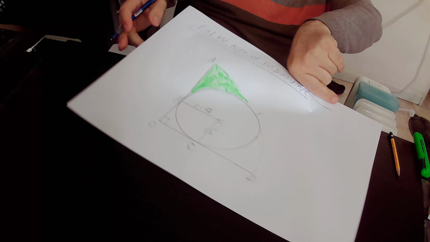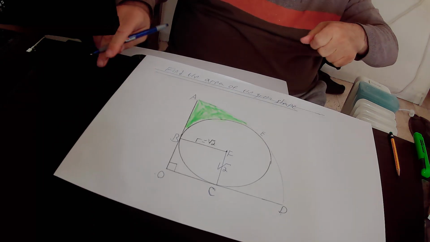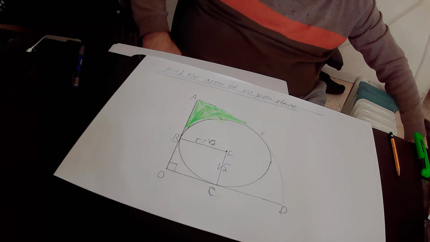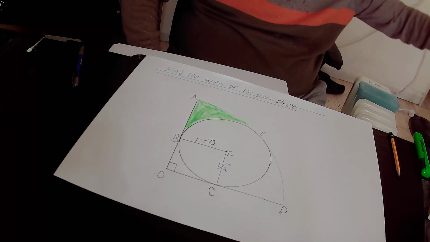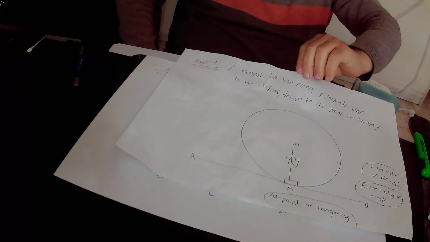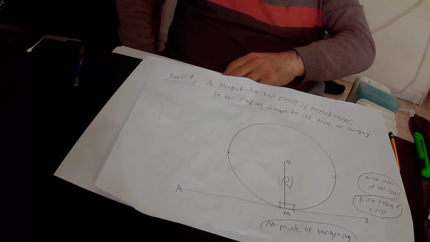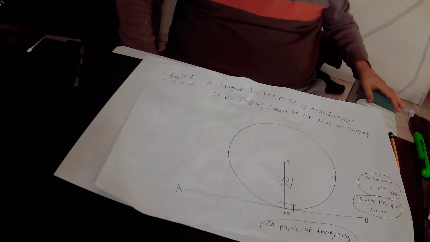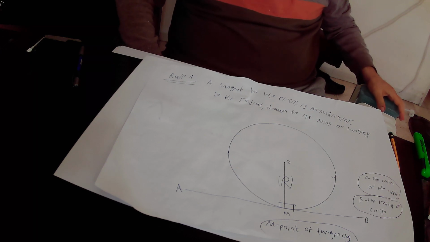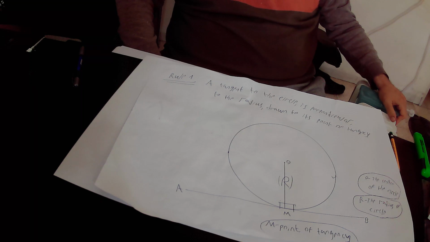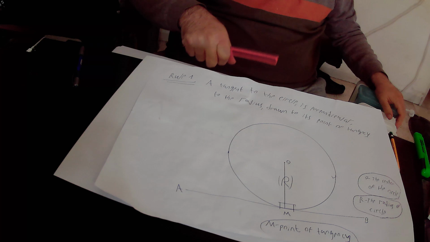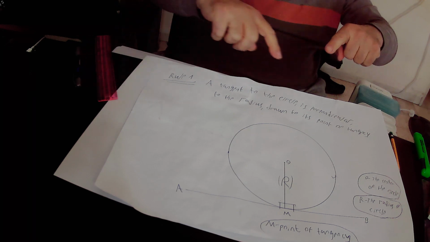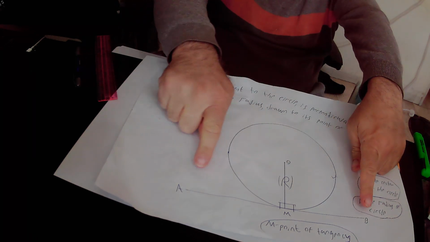Here we can implement Rule One. I'll click quickly on Rule One. According to Rule One, the tangent to the circle is perpendicular to the radius drawn to its point of tangency. In the drawing, we have a circle, and we have also tangent AB.